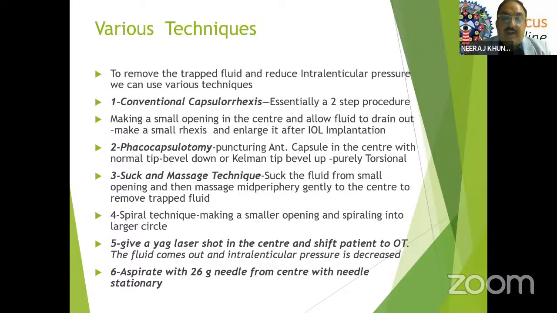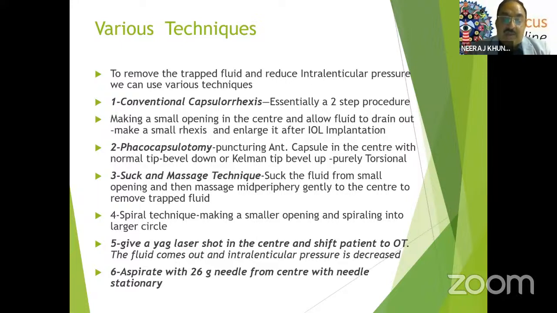Then there is a spiral technique, making a smaller opening and then spiraling it into a larger opening. Then there is another technique where you give a YAG laser shot in the center and shift the patient to OT. There should not be much time between that, maybe within half an hour or so, so that the fluid comes out slowly and intralenticular pressure is decreased.